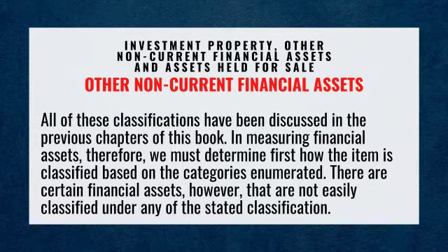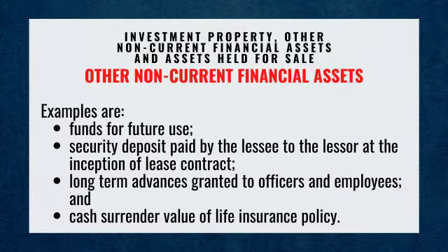In measuring financial assets, therefore, we must determine first how the item is classified based on the categories enumerated. There are certain financial assets, however, that are not easily classified under any of the stated classifications.